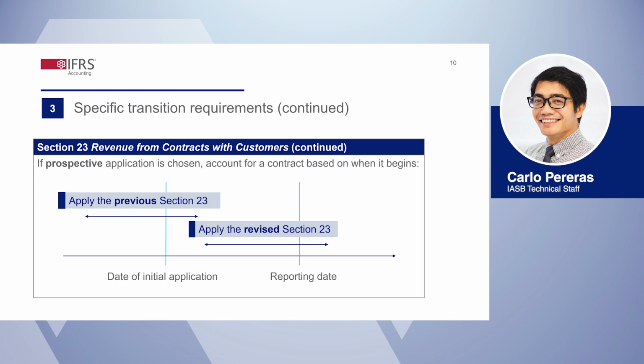If the contract begins after the date of initial application, the SME applies the revised Section 23 to that contract. Therefore, an SME that chooses prospective application might apply two accounting policies for revenue in the current period. It would not restate comparative information.